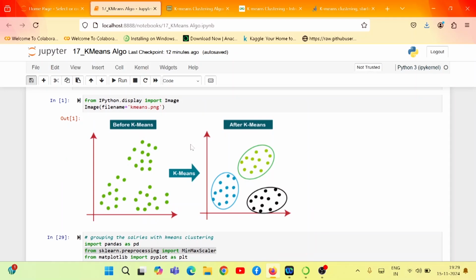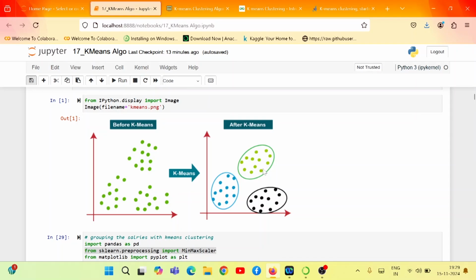So let us see how the k-means clustering algorithm works. Here we are given a data set like this. This data set contains a group of data points that might belong to various clusters, or you may say classes. Now we have to examine the data points and classify them into groups depending on their nature, right?